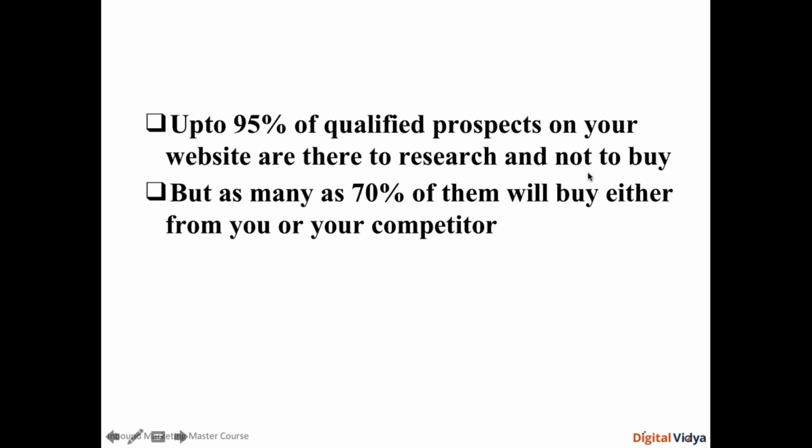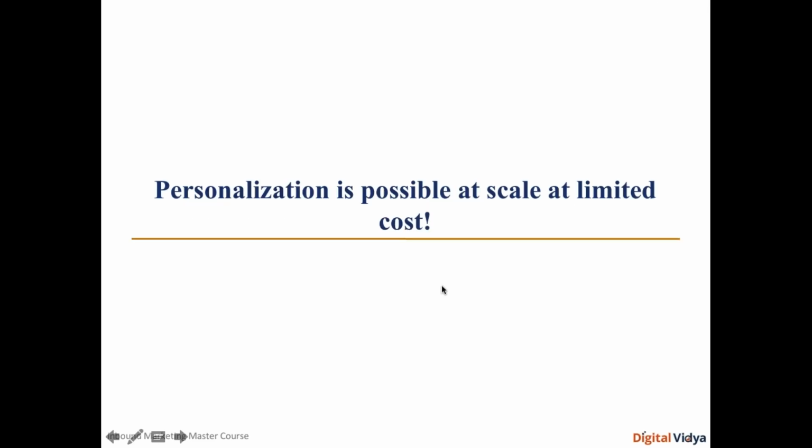Now, what are the advantages that digital channels provide? Obviously we want to reach users and provide them with personalized information. The major thing that happened with digital channels is that you could provide personalized information to users at scale at almost negligible cost. Earlier, to give you a comparison, Hero Honda used to reach out to their customers on their birthdays.